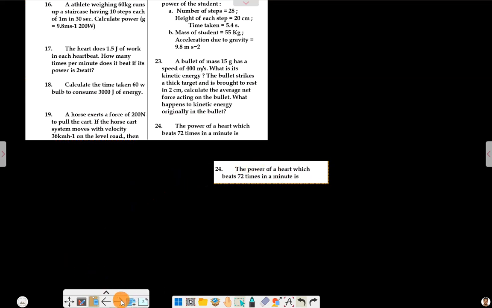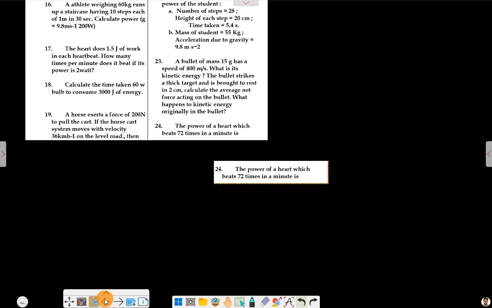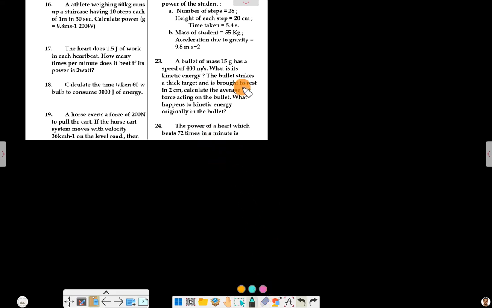A heart beats 72 times per minute, and its power is given 1.2 watt.